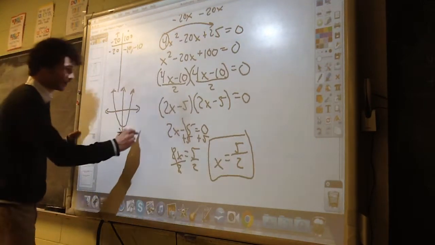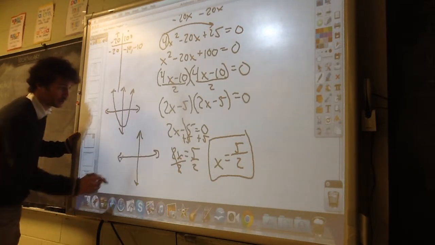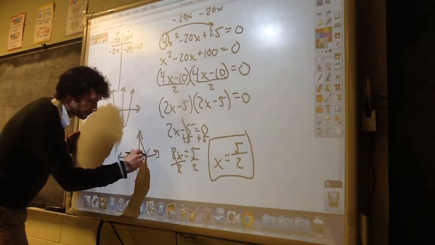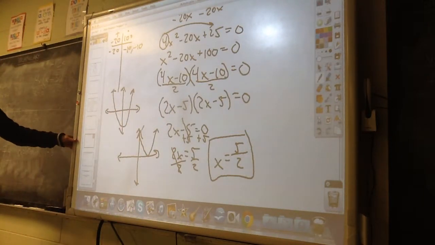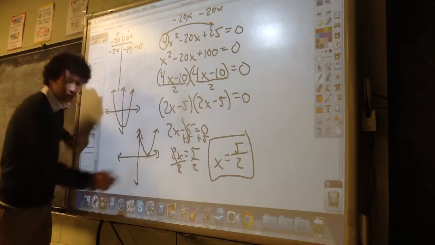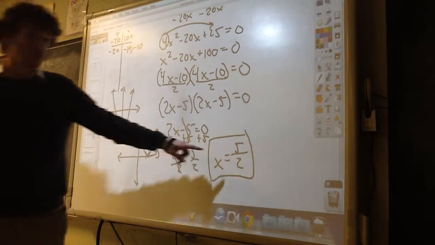But this problem is going to do something like that, and its vertex is also its x-intercept, so it only touches the x-axis in one place. And that's why it only has one answer.